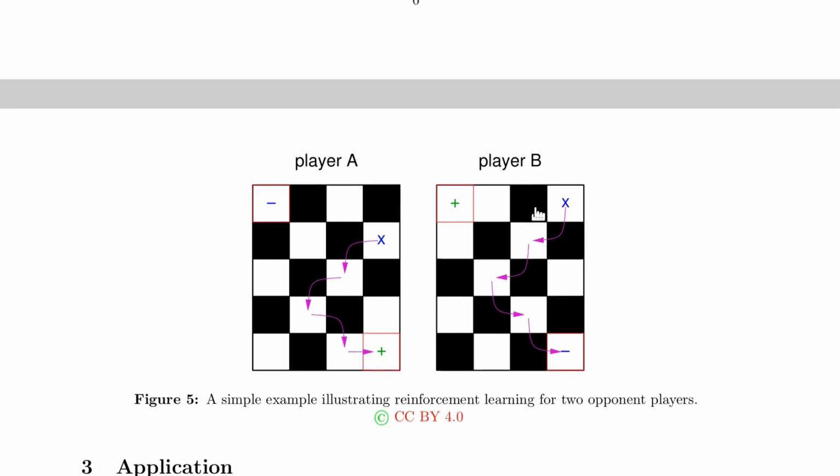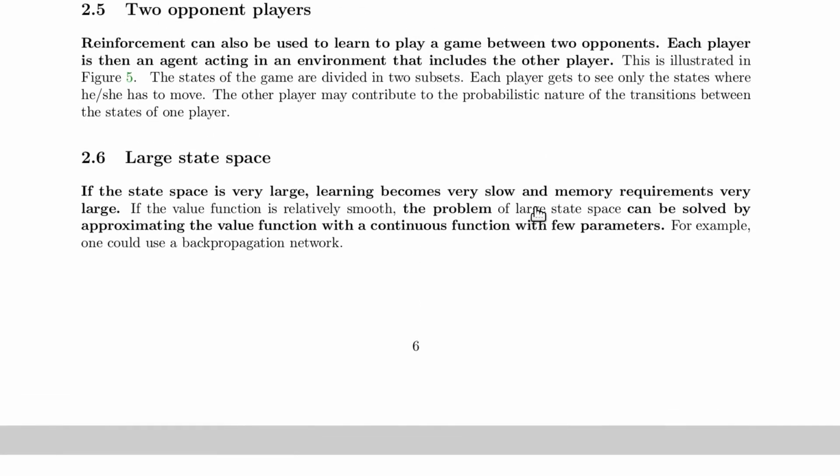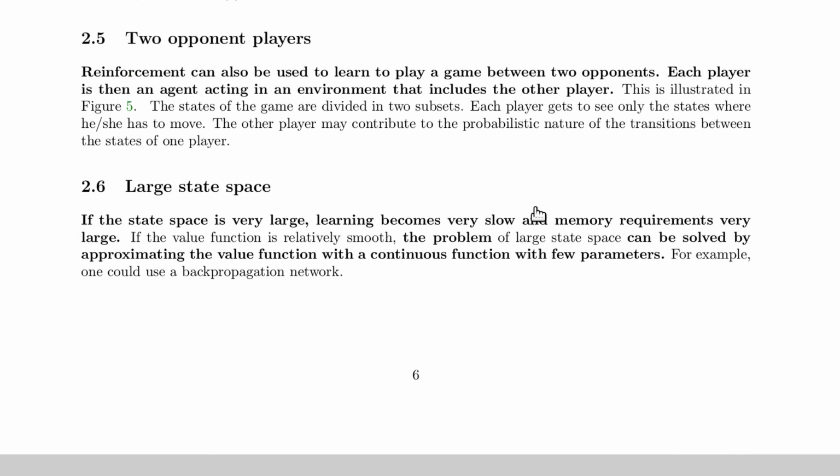Okay, so the last extension I want to talk about is an extension for large state spaces. In particular in games, because you have many positions like backgammon, for example. That's a game that has been successfully trained with reinforcement learning. These games have a huge state space, right? So there are many different ways the stones can be on the board.